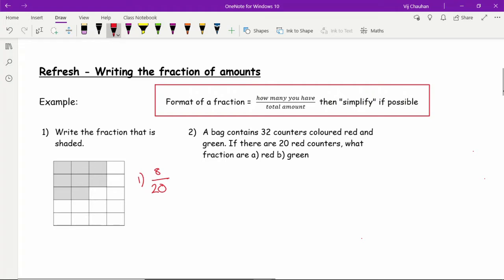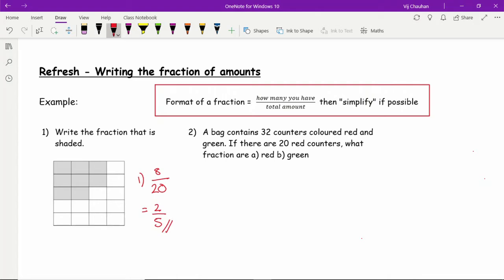Sometimes a question might ask how much is not shaded. Here shaded is 8/20, so not shaded will be 12/20. To gain full marks I can simplify this fraction: I ask myself what number goes into both 8 and 20, that'll be 4, so it'll be 2/5, and there is my final answer.